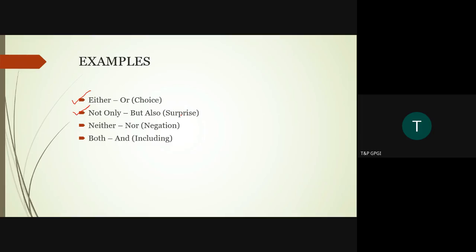And the other part is, but she also got married. So there's even more surprise. It's a correlative pair. We talked about the idea of surprises. You put this plus this, so surprise plus more surprise.